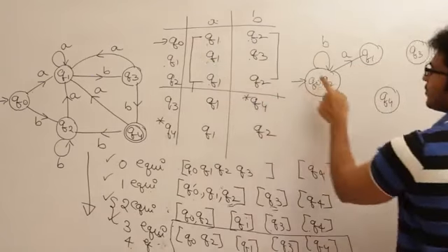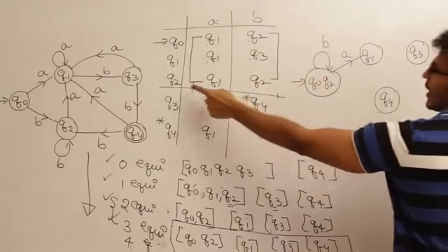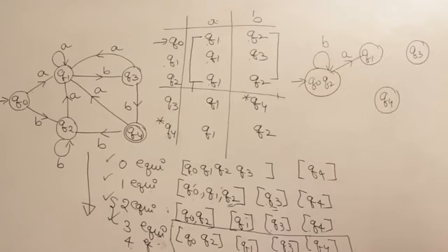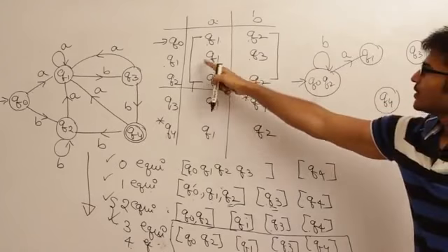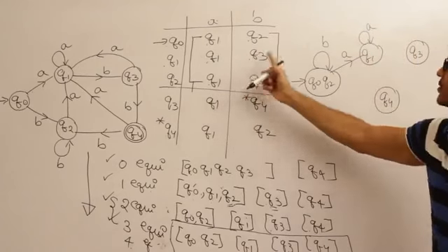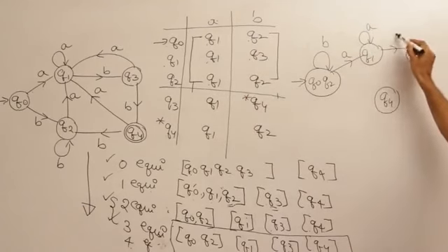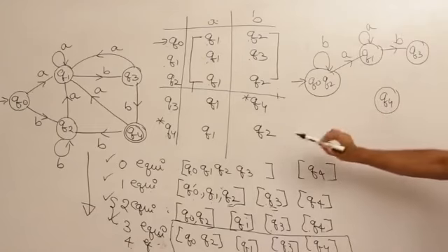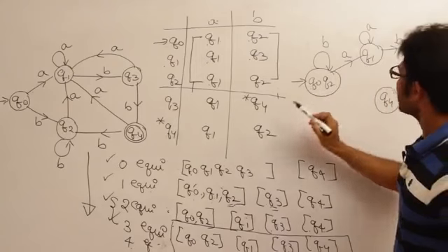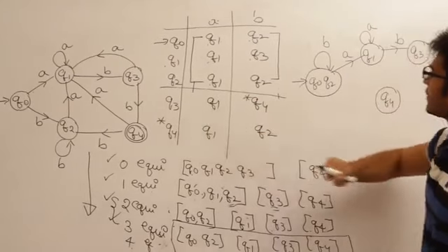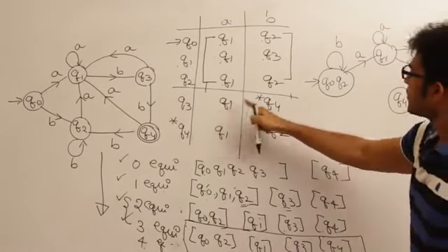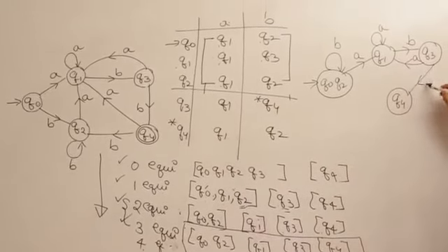Q0 is going to Q2, and Q2 is going to Q2, therefore that is it, just B. Next one, Q1 is going to Q1 on A and Q1 is going to Q3 on B, and next thing, Q3 on A is going to Q1 and Q3 on B is going to Q4.